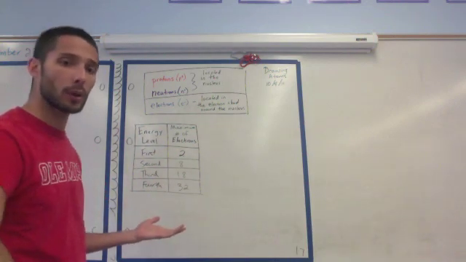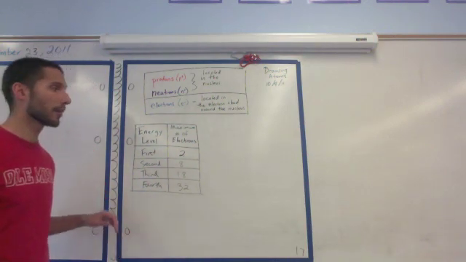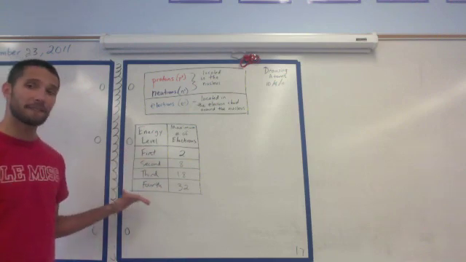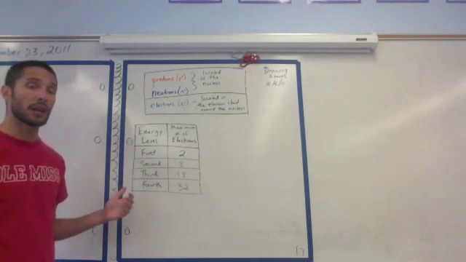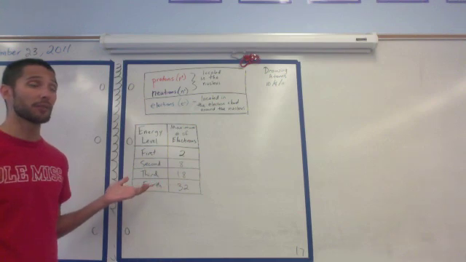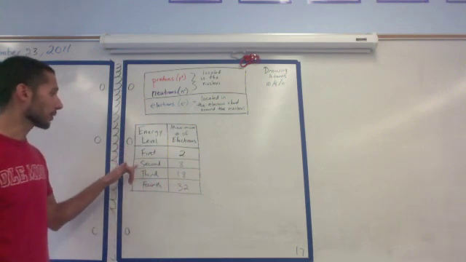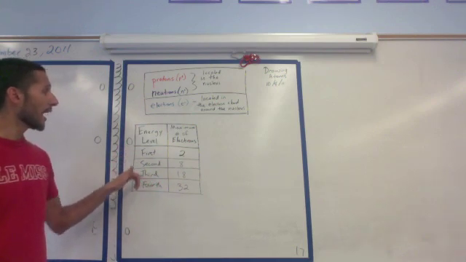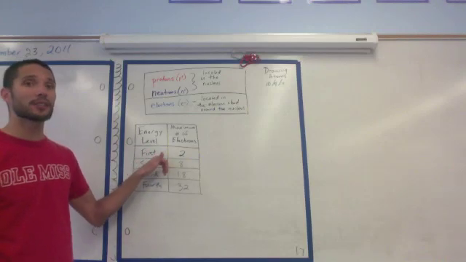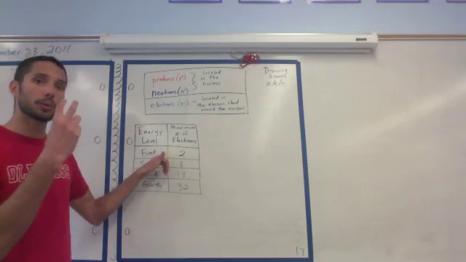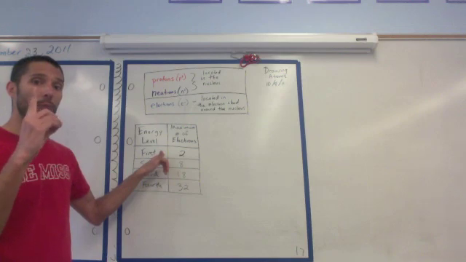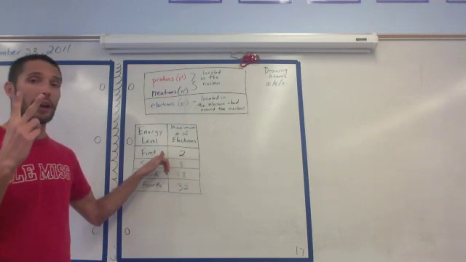Okay, so we'll start off by reminding ourselves how many electrons can fit within the energy levels. Now we said there were up to 7 energy levels, but we're only going to look at the first 4 energy levels. And the first energy level can only hold up to 2 electrons. It could have 0, it could have 1, or it could have 2, but it cannot have 3.